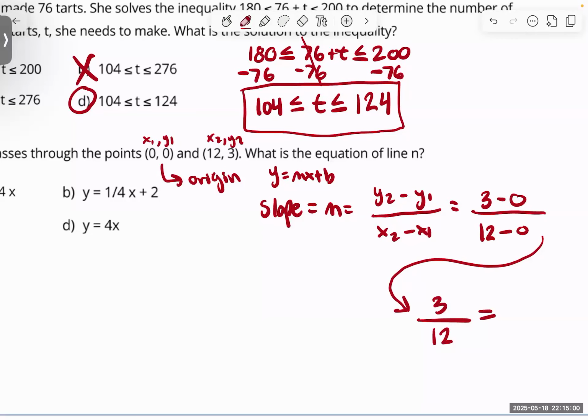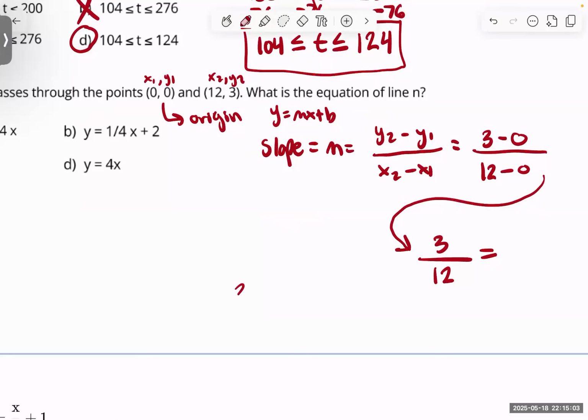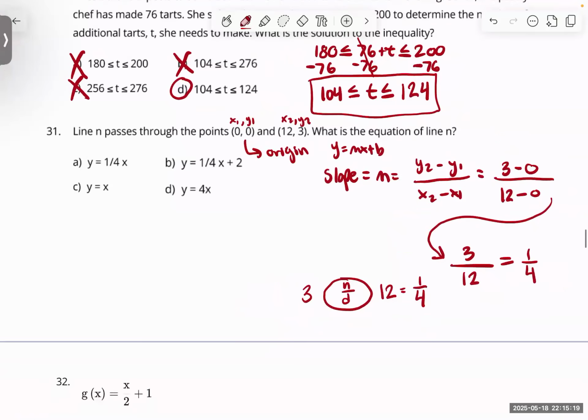And to simplify this, remember, if you don't remember how to simplify things on your calculator, write the numerator, the top number, press the n over d button on your calculator, and then the denominator, the number on the bottom, and press equals, and it'll simplify it for you. It's a fourth. So this eliminates two answer choices because my m is 1/4. It's not C and it's not D.